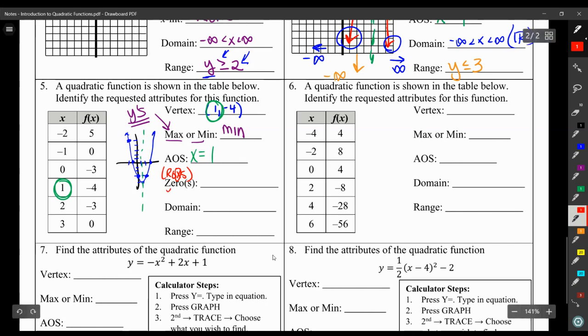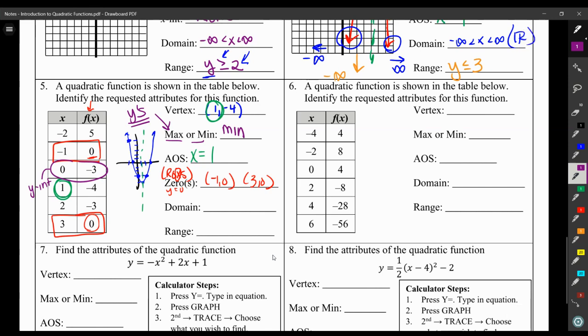X-intercepts always have a y value of 0. So find your y value of 0, and this would be one x-intercept. Make sure you don't have any more. Here's another x-intercept at 3, 0. Be careful because this one here is actually a y-intercept because the x value is 0.